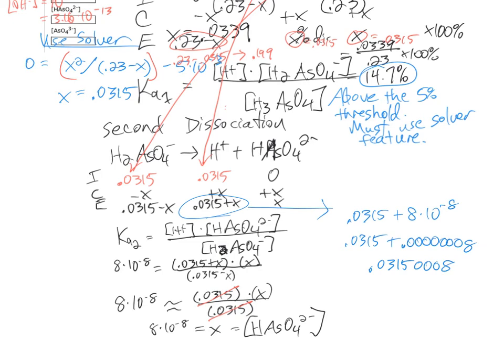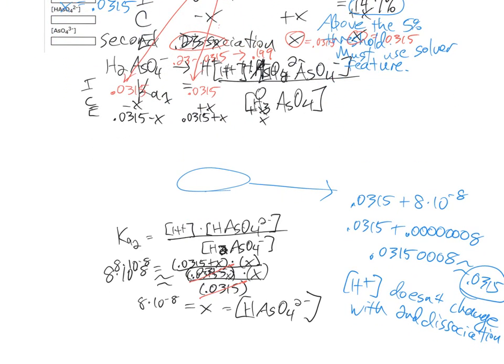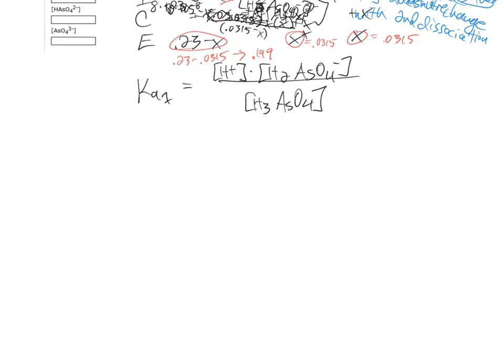Which is roughly 0.0315. You'd round it to that anyway. So the hydrogen ion concentration doesn't change significantly with the second, and certainly with the third dissociation. And the same would be true for H2ASO4 minus. Okay, on to the third dissociation.